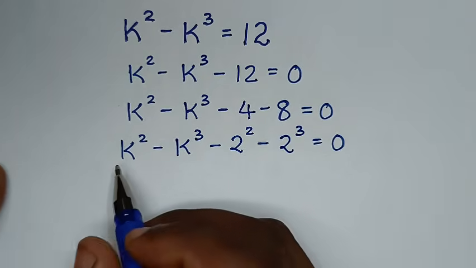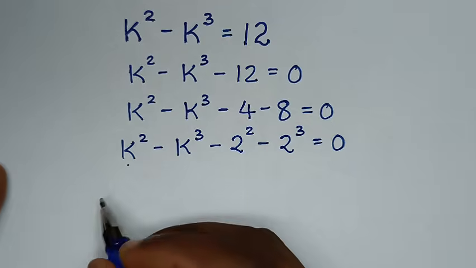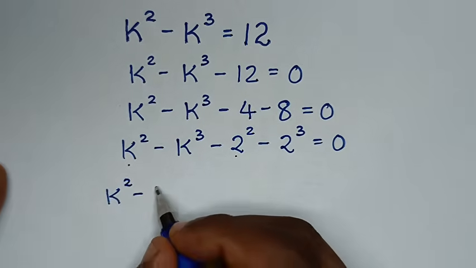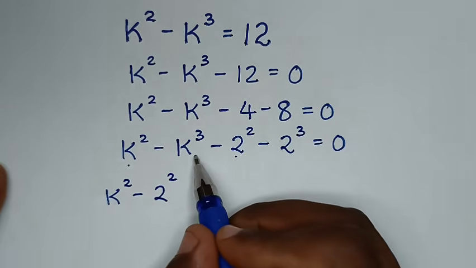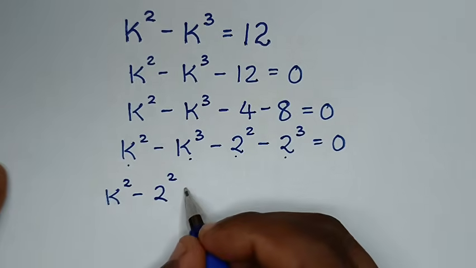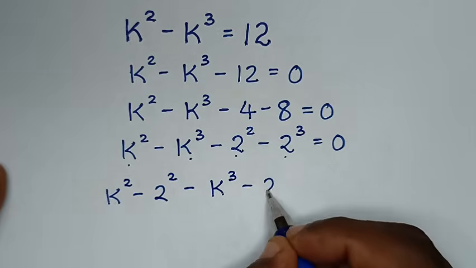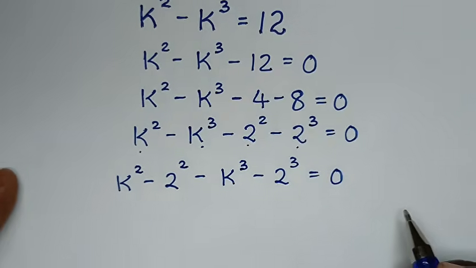Then we place like powers of 2 together. So we start with k², then minus 2², then like powers of 3 together. So it will be minus k³, then minus 2³ is equal to 0.